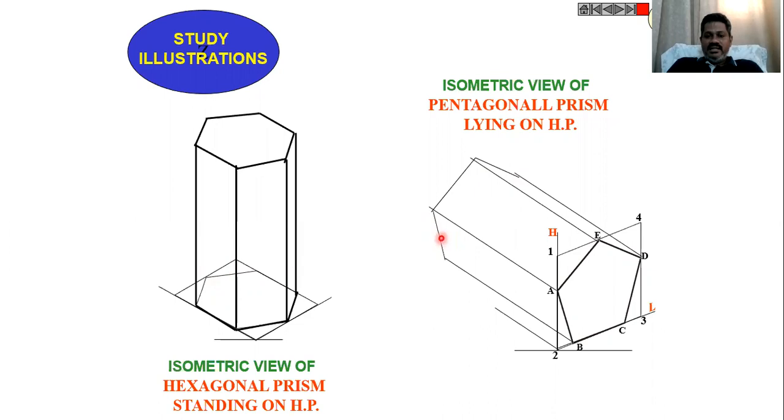One line is an inclined line like this, then one line is parallel to BC, and one more line we will get as a dotted line which is parallel to CD from this corner. So one is parallel to DC, the other one is parallel to BC. Both will meet at a point that we need to represent.